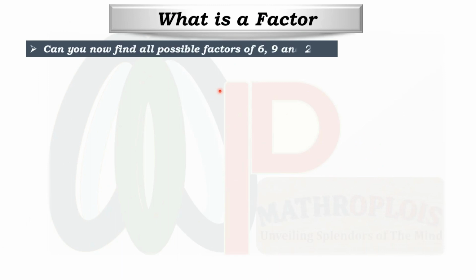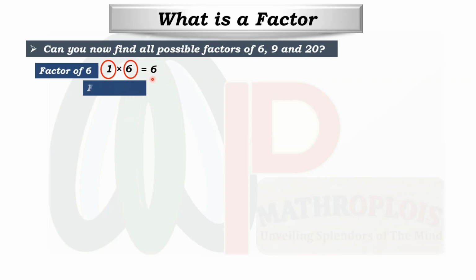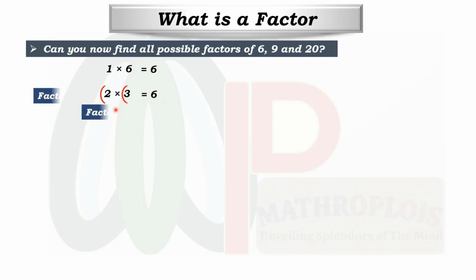Can you now find all possible factors of 6, 9, and 20? 1 multiplied by 6 gives us the product 6, so 1 and 6 are factors of 6. Similarly, 2 multiplied by 3 gives us the product 6, so 2 and 3 are factors of 6.